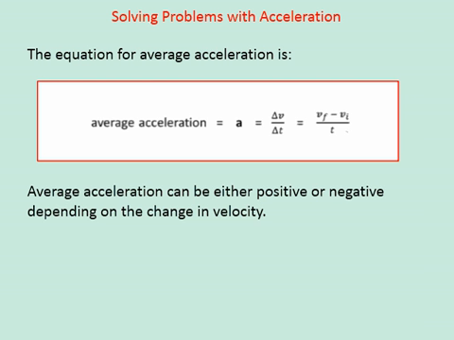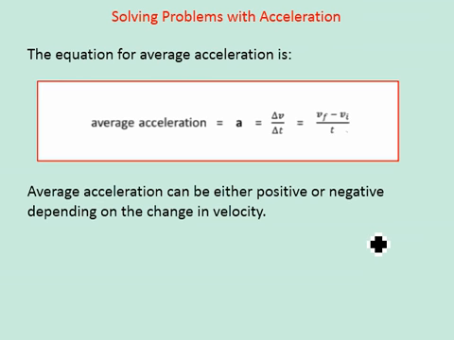Our last piece of information is the equation for solving average acceleration. This is very similar to the average velocity equation that we had. Average acceleration, where the symbol for acceleration is lowercase a, is simply equal to the change in velocity over the time interval. We have to remember that the change in velocity always indicates a final value minus an initial value.